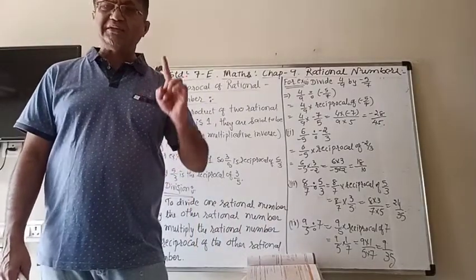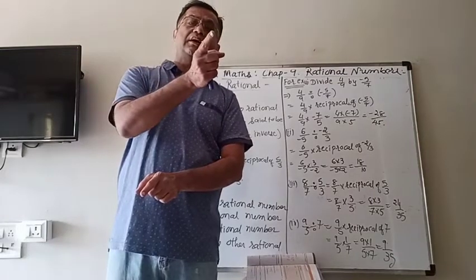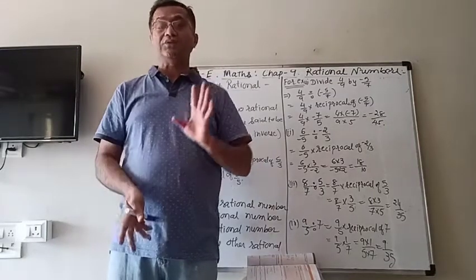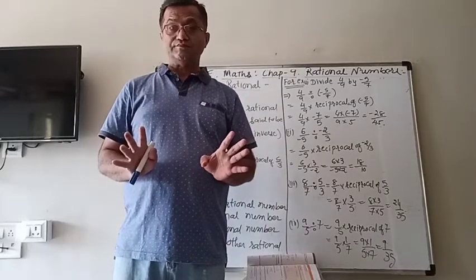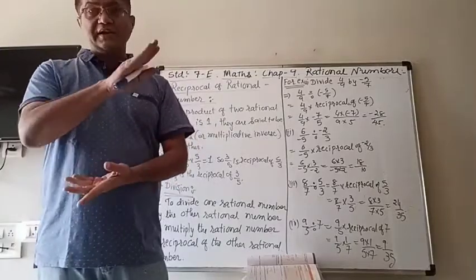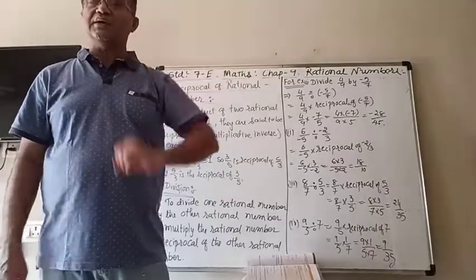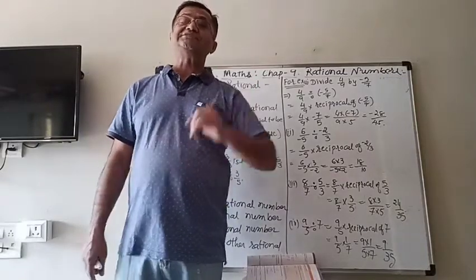It means that to find the reciprocal, what we have to do is to take the legs up, head down. Legs up, head down. Means the numerator goes to the denominator and denominator comes in the numerator. That's the way we find the reciprocal.